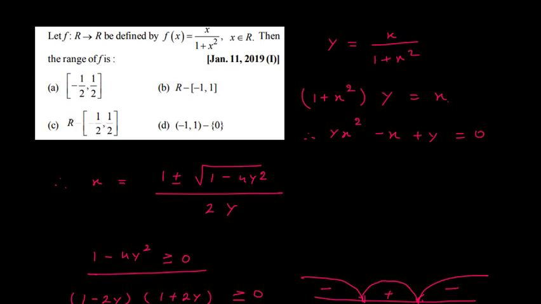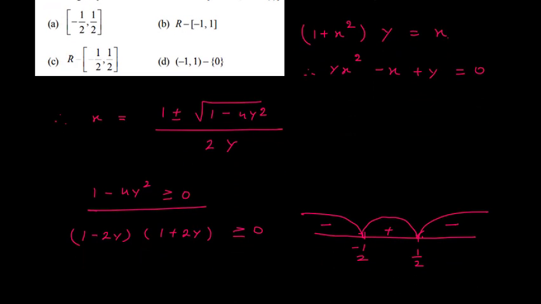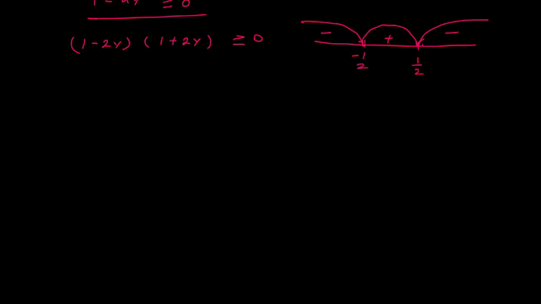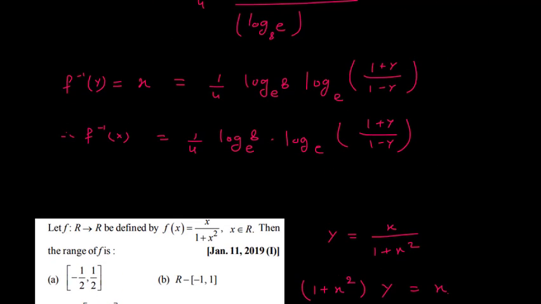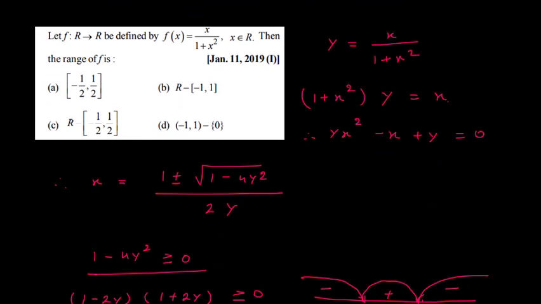Values of y means range. So range is possible between minus 1 by 2 and plus 1 by 2. Therefore we can say that y belongs to minus 1 by 2 and plus 1 by 2. So this is our range. So here the range is option A, between minus 1 by 2 and plus 1 by 2.